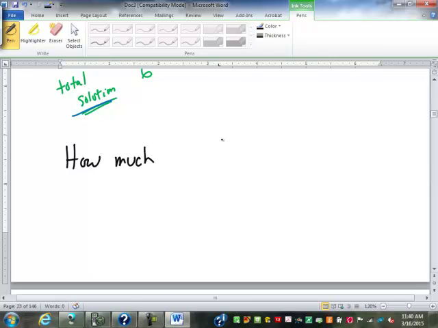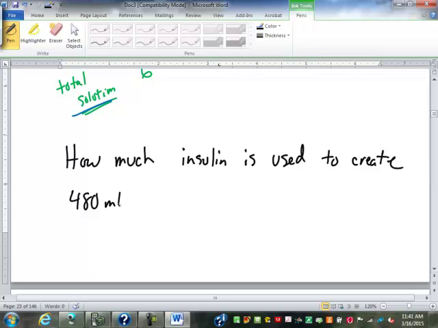So let's say we want to know how much insulin is used to create 480 milliliters of a 1 in 6 dilution of insulin and water.